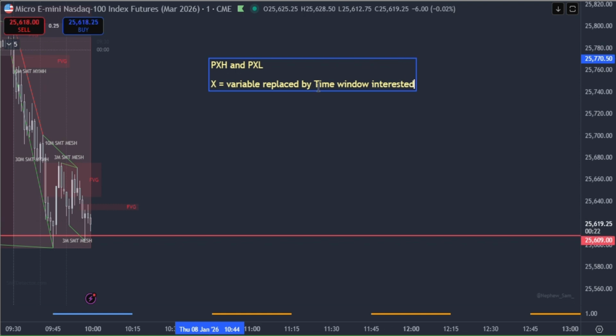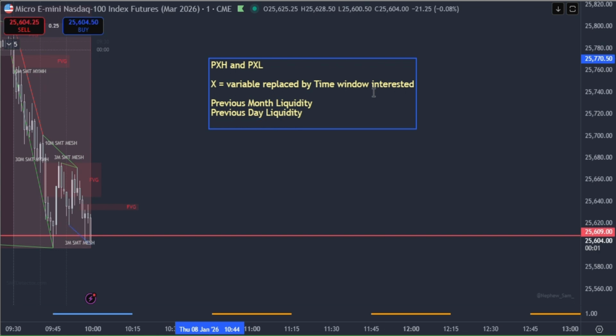So you can use a previous month liquidity, which is a high or low. Use a previous day liquidity, high or low. Previous session liquidity, high or low.